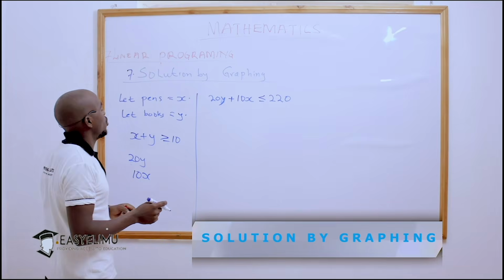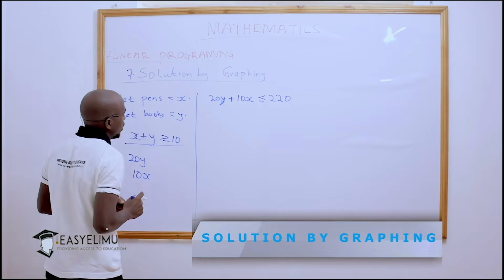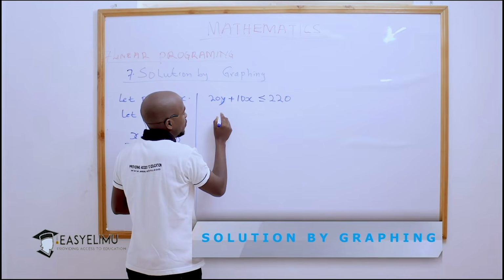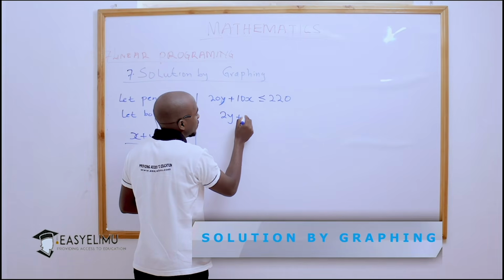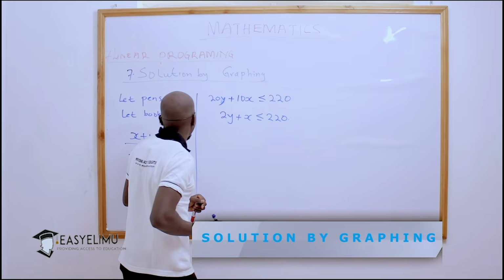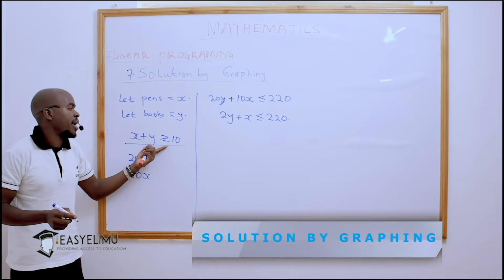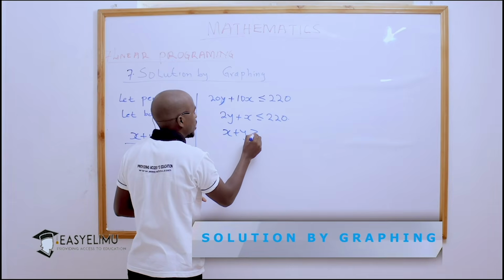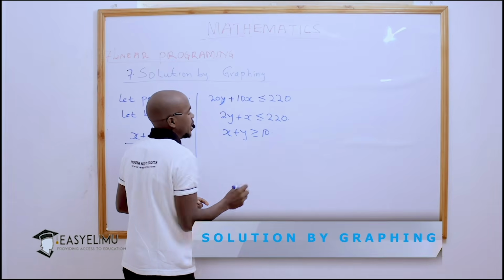So that is the inequality. The first one we formed is here. Simplifying this further, we find 2y plus x is less than or equal to 220. And here we had x plus y. Then the next inequality was x plus y is greater than or equal to 10.